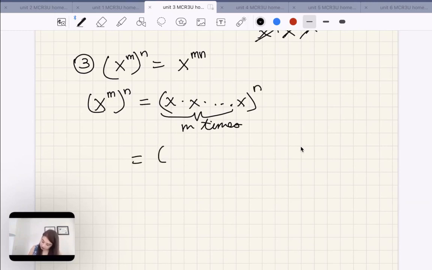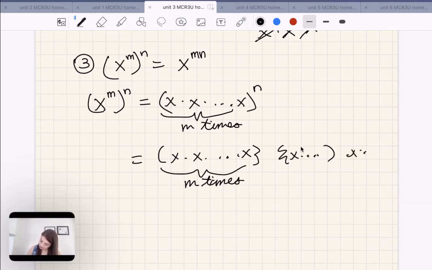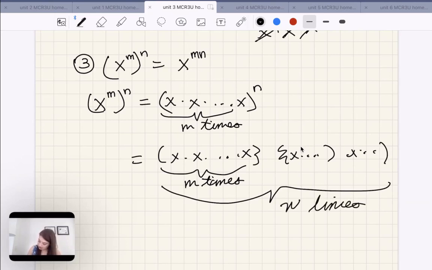Which is equal to x times blah, blah, blah, m times. And then this is going to repeat again. And all of these, however many it is, is going to be n times, right?